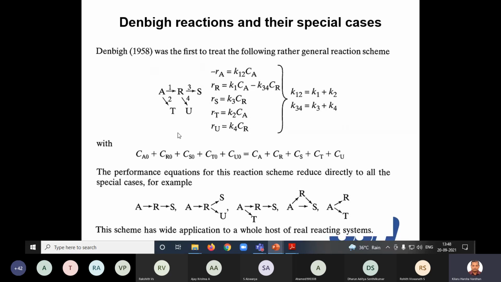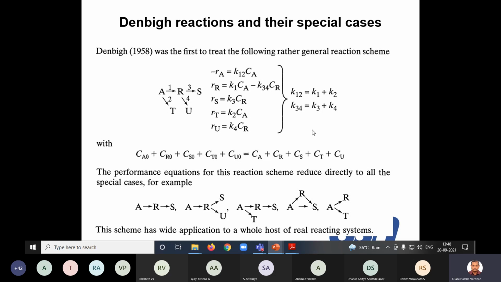These are difficult kinds of reactions, which we call Denbigh reactions. So they'll use K34. What is K34? K34 is nothing but K3 plus K4, like K12 is K1 plus K2.